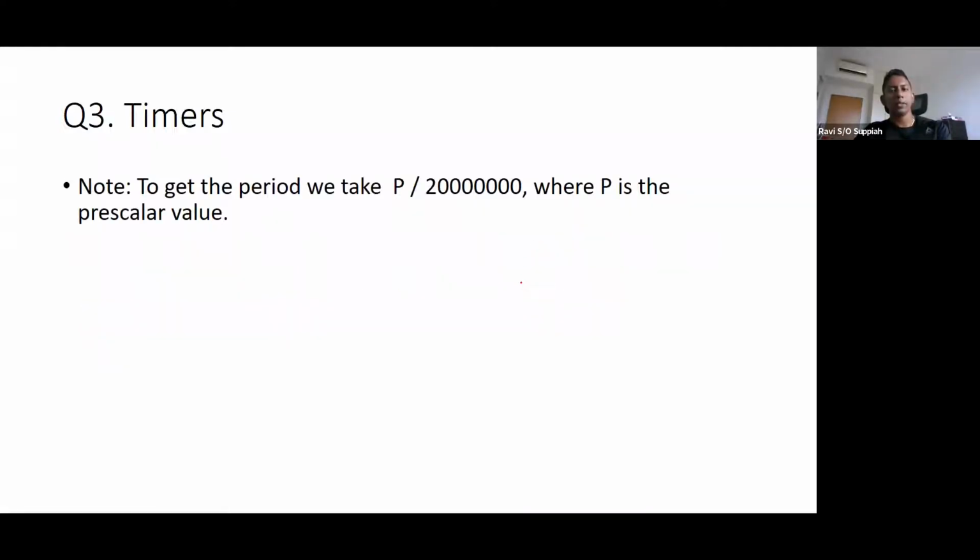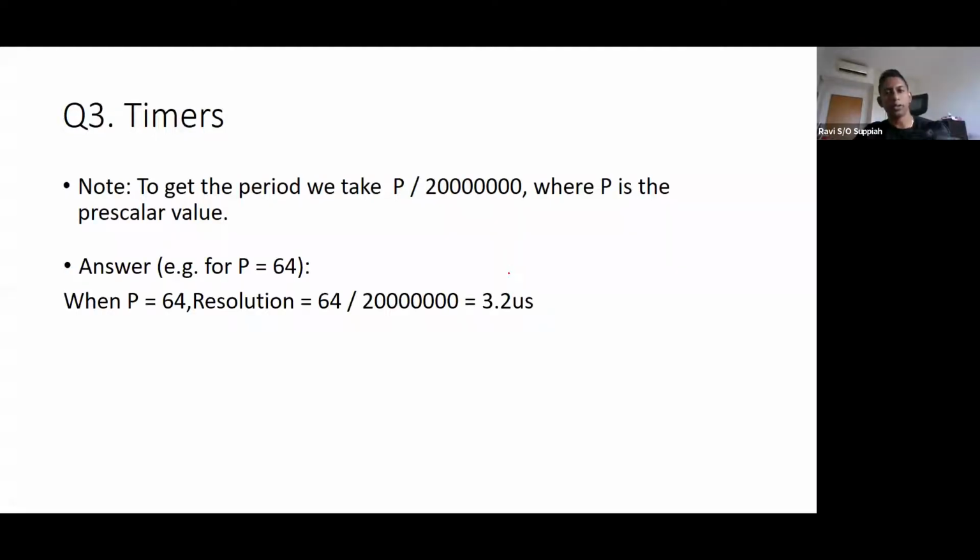So to get the period, that means the rate at which you are going to update the counter, you take the prescaler value divided by 20 megahertz. Of course the table has all the prescaler values, so we are just going to go through one of them. The first step is the prescaler value divided by the frequency. This tells us the rate at which the counter is going to increment.